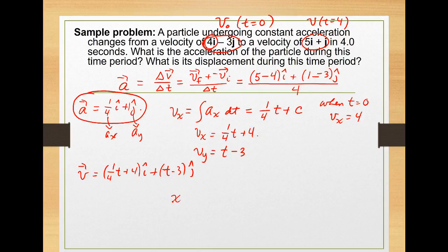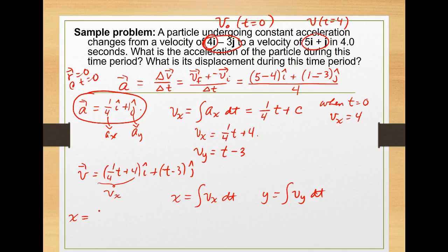Now we can do one more integration to get x and y as a function of time, because x is going to be the integral of vx dt and y is going to be the integral of vy dt. Now we can assume that r is equal to 0 at t equals 0. So the constants that we get out of this integration we can toss away. Okay? So x is going to be the integral of vx here.